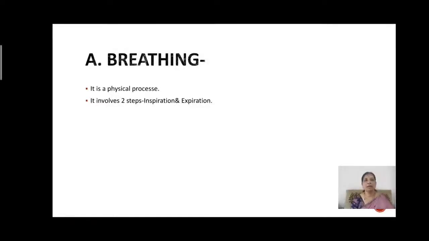Breathing is a physical process in which exchange of gases takes place between the atmosphere and the lungs. It involves two steps: inspiration and expiration. Both these processes involve the parts of the thoracic cage, ribs, sternum, then intercostal muscles and the muscles of diaphragm.